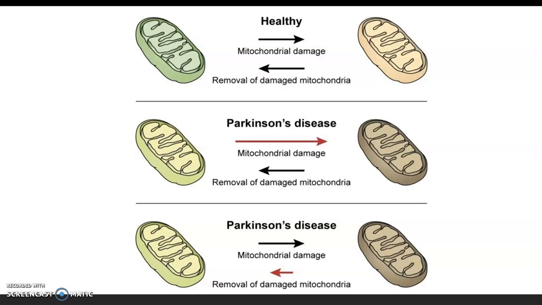So here we have a nice little diagram of what happens. On the top, we see what happens with a healthy mitochondria. If we have a bad mitochondria, it will be removed, plain and simple.